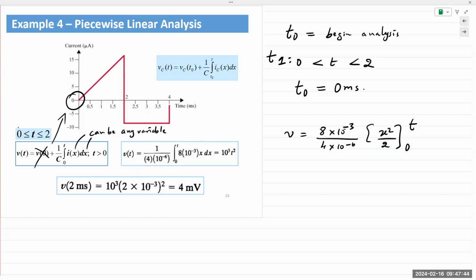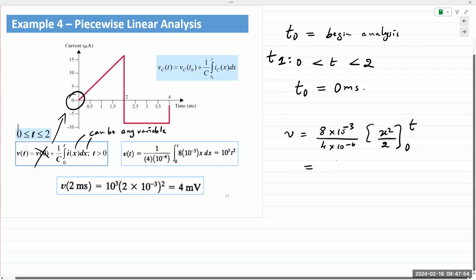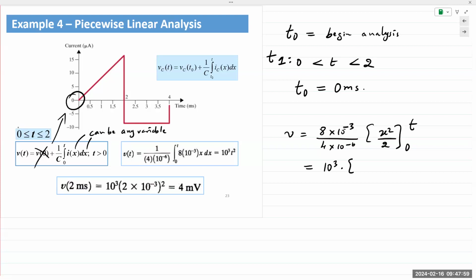Take the 2 outside, everything cancels out, and all you're left with is 10 cubed. Then you plug in the limits of the integral and you end up with t squared. So 10 cubed times t squared is your answer, which is what we have here.